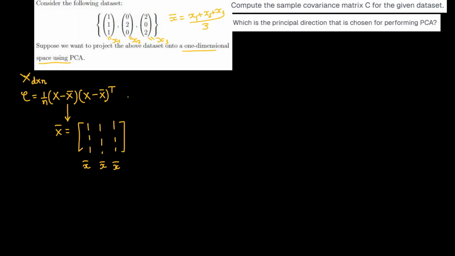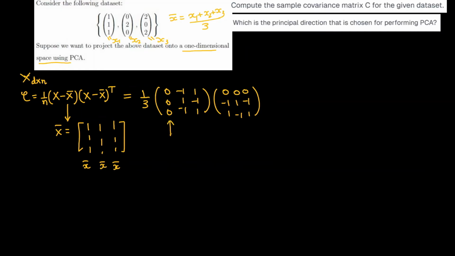Now if you make this computation, you will get 1 by 3 times 0 0 0 minus 1 1, minus 1 1, minus 1 1, and then the transpose of that, right? So just to recall, this is the centralized data point.